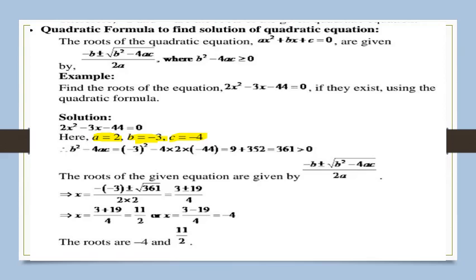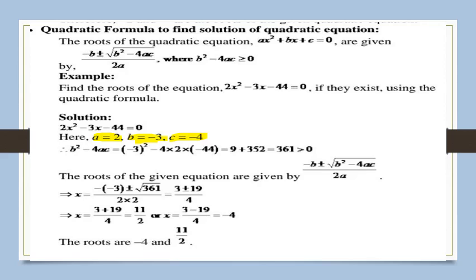So minus of b is minus of minus 3, plus minus square root of 361 upon 2a, means 2 into 2. So this gives you 3 plus minus 19 upon 4. Dear students, you have to calculate the first root by taking the plus sign and the second root by taking the minus sign.